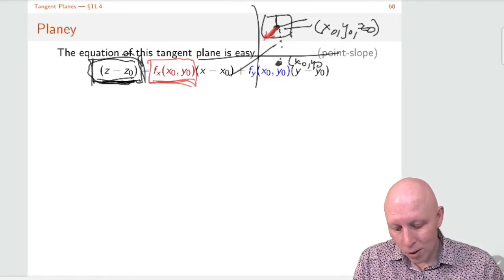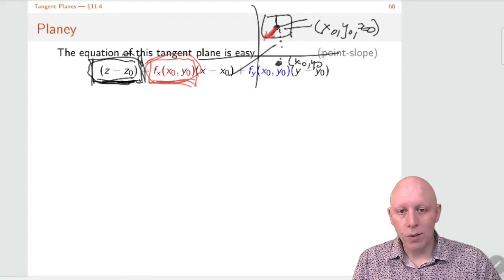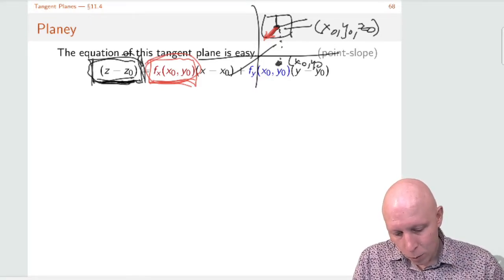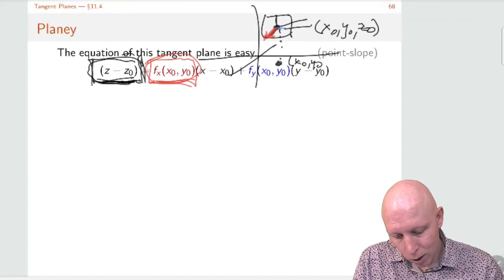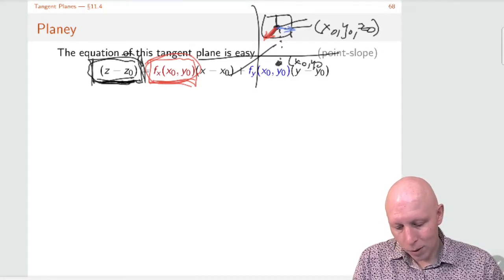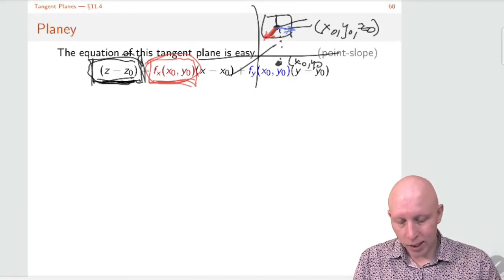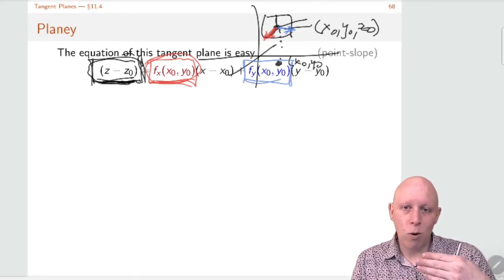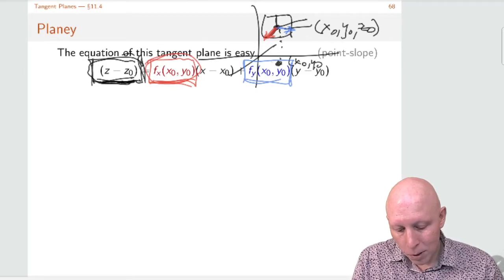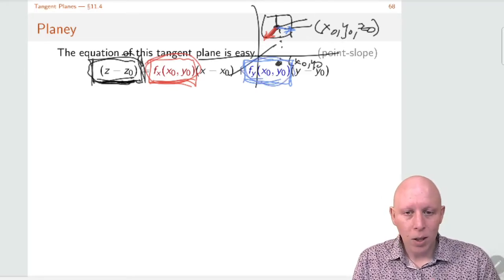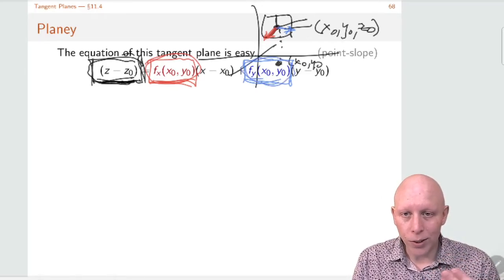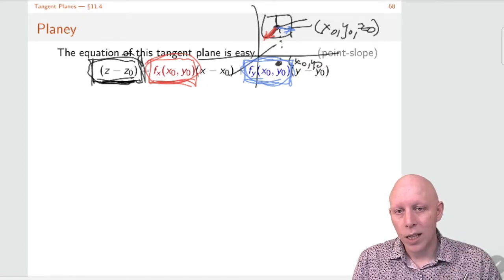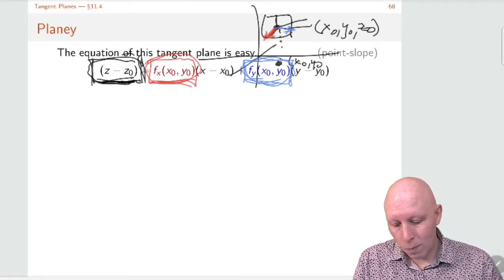So this relates to the slope of the function in the x direction, whereas if we're going in the y direction, how much does the function z change if we go in the y direction? Well, that's what happens here. If we walk a little bit in the y direction, how much does the function change? Well, this is the rate of change. The partial derivative is the rate of change of our function if we walk in the y direction.